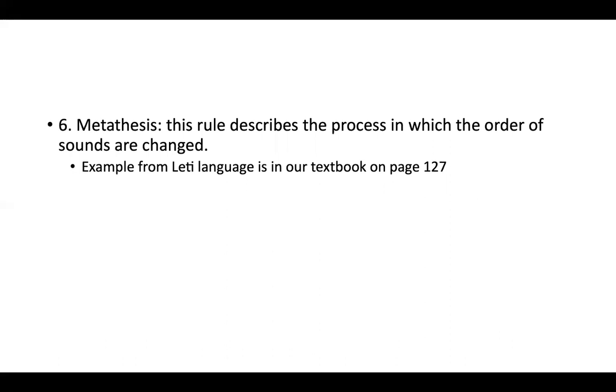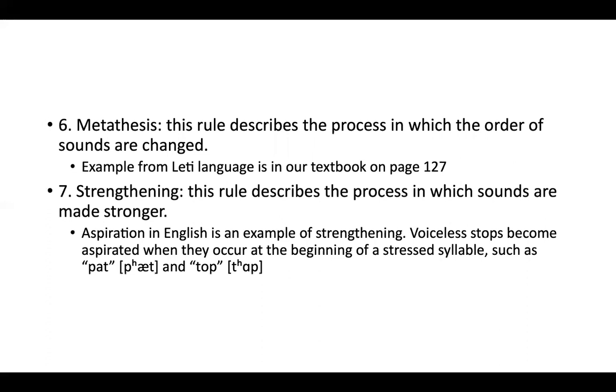The sixth rule is called metathesis. This rule describes the process in which the order of sounds is changed. Our textbook, page 127, has an example from the Leti language, and you can look at our textbook to see that particular example. The seventh rule is strengthening. This rule describes the process in which sounds are made stronger. A particular example of strengthening in English is aspiration.